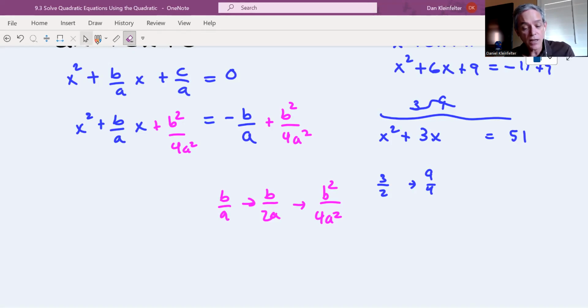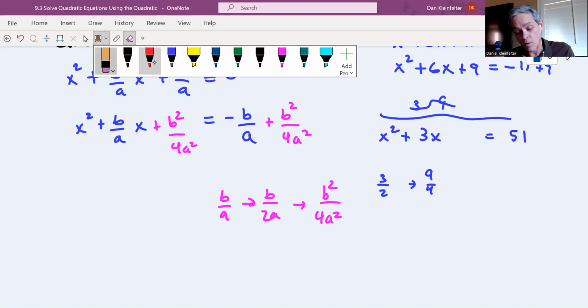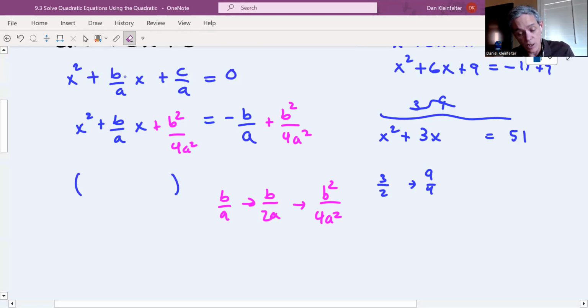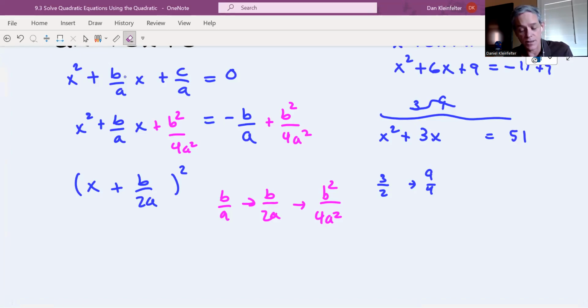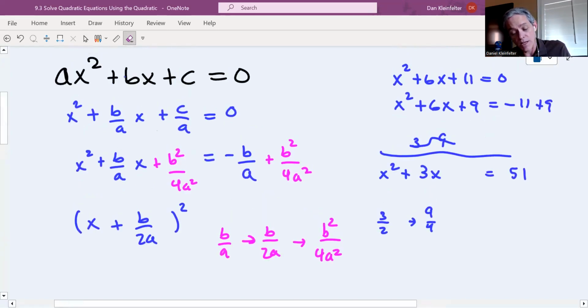All right, so then doing that, this is the part now where we're going to factor. The left side is x plus b over 2a. The b over 2a, where did that come from? Remember, it's half the number next to the x, or the square root of that constant term. When you are over here with x squared plus 6x plus 9, that factors as x plus 3 squared. Where did the 3 come from?